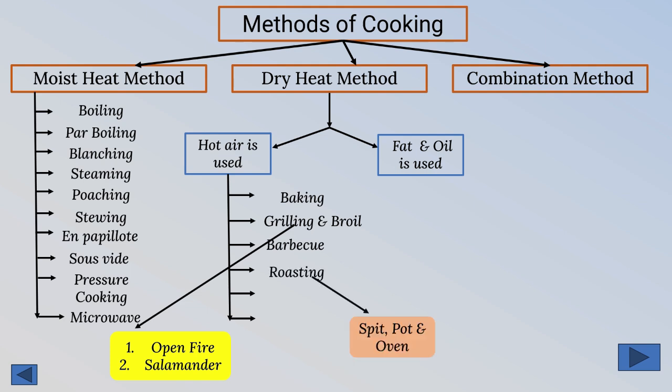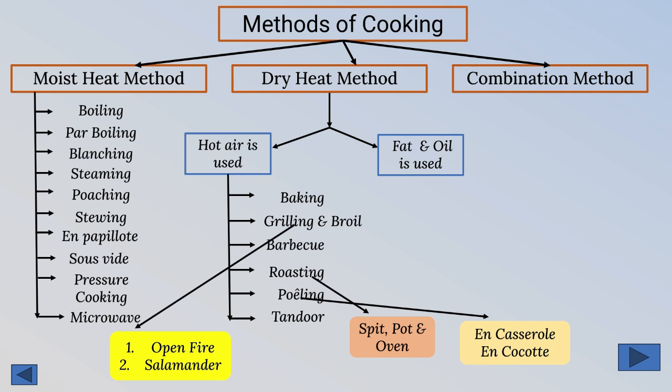Roasting has three different parts: spit, pot, and oven roasting. Then we'll discuss boiling, which also has two parts, one known as casserole and the other cocotte. We are going to clarify these two terms. And then tandoor. These are the methods which come under the hot air medium of cooking.